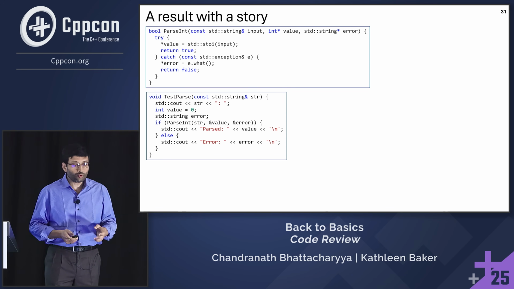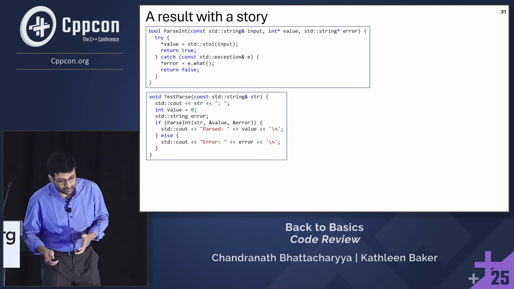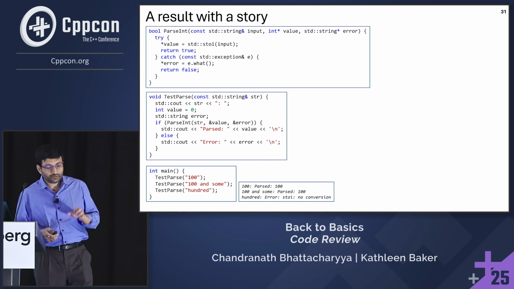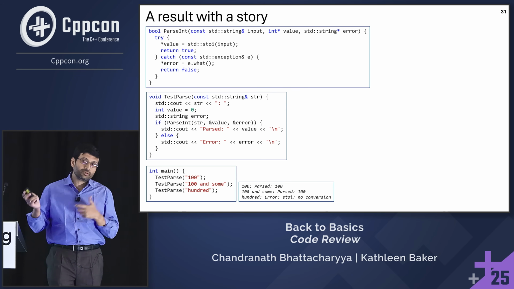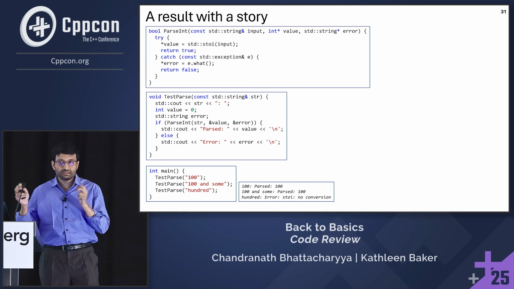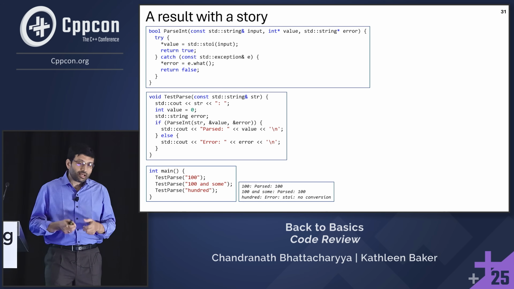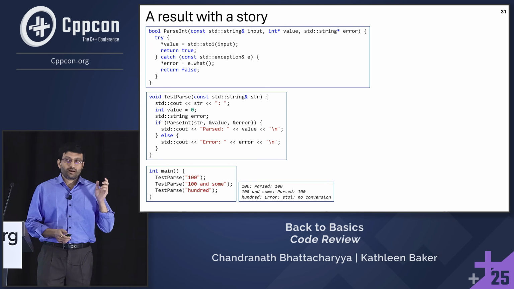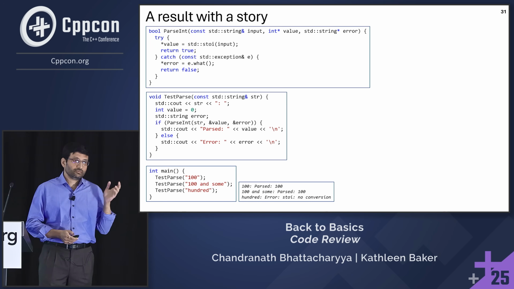And here is some code which calls that parseInt function, and here's some actual code with different arguments. As you can see from the output over here, the first string is 100, which is fine, so we get an output 100. The second string is 100 and some, so it starts with a number, so it again gives a number 100. And the third one has no number, so that's why it fails. There is no conversion.